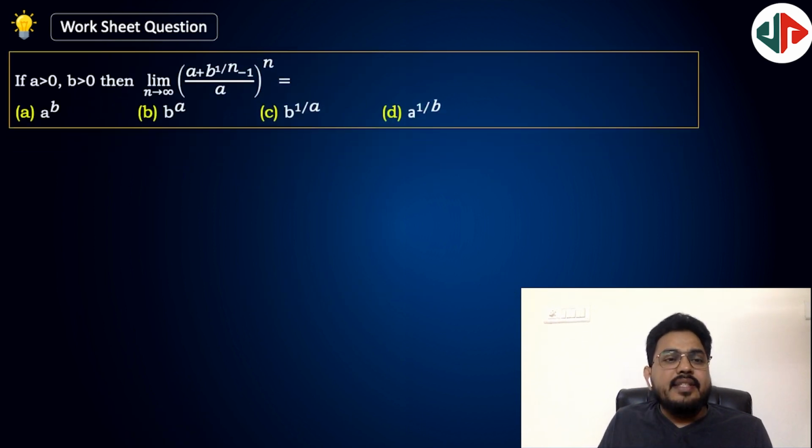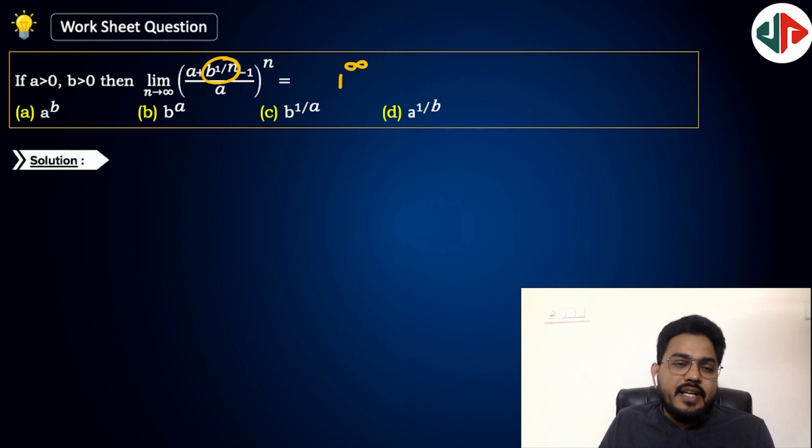A greater than 0, B greater than 0, limit n tending to infinity. What is this one? So n tending to infinity, b power 0 is 1. So a 1 to the power of infinity. When it is 1 to the power of infinity, answer is e to the power of limit, or I will say m tending to 0, where I am writing n is equal to 1 by m.